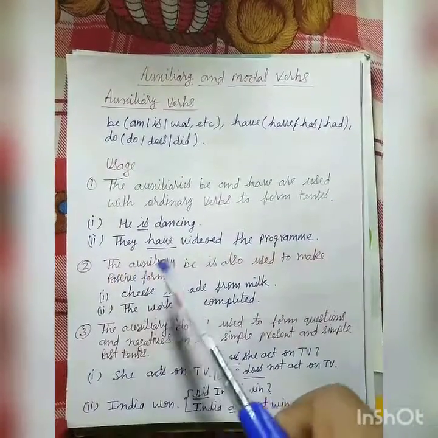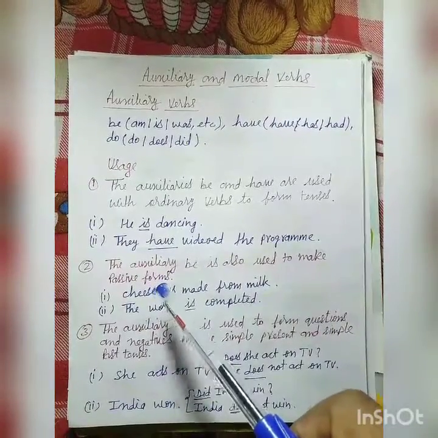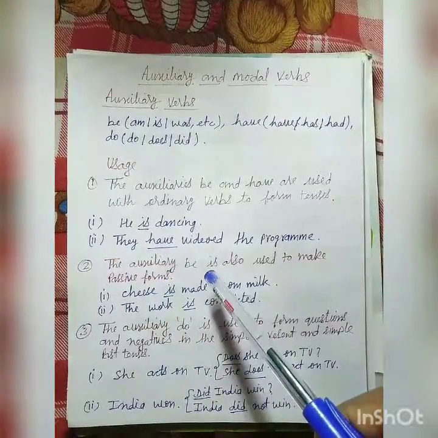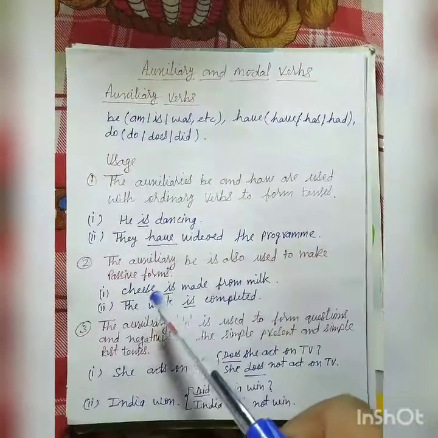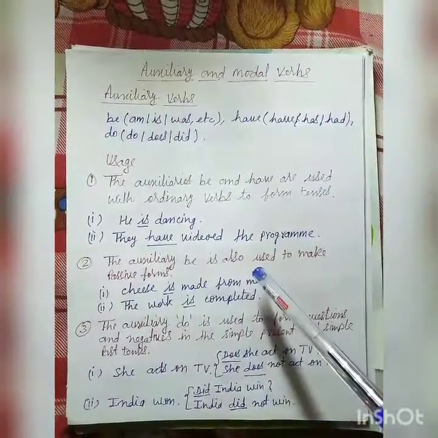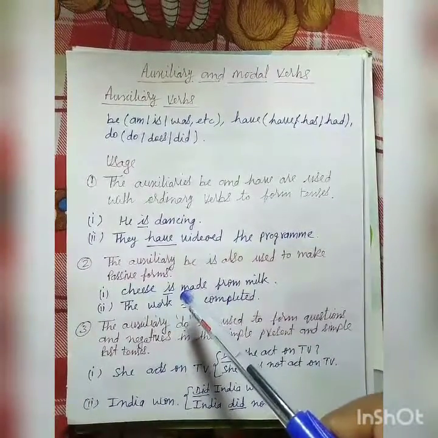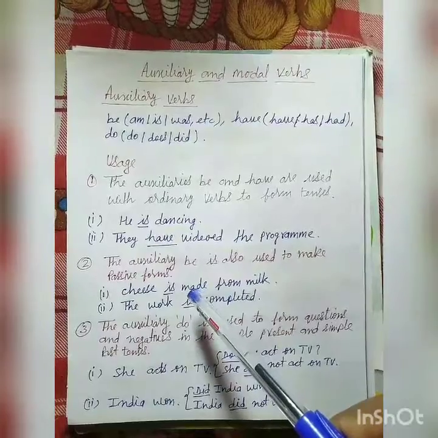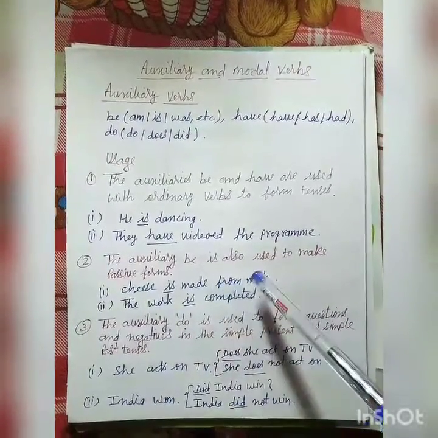Second, the auxiliary be is also used to make passive forms. Be is nothing but am, is, was, were. Example, cheese is made from milk. Is is an auxiliary verb used with the main verb to make passive forms.